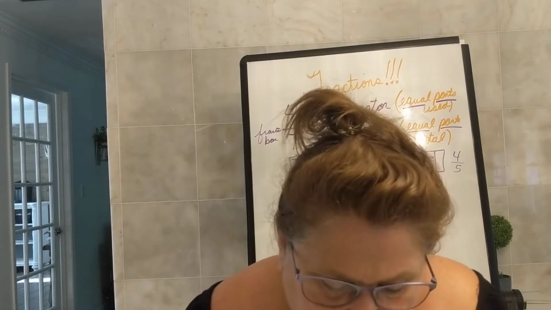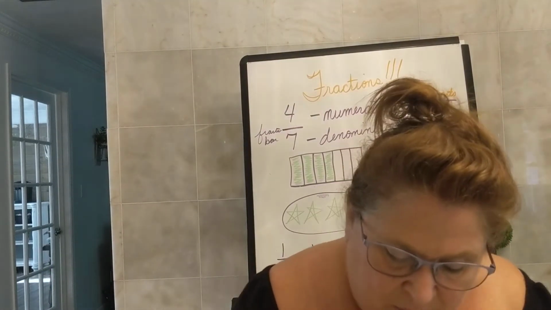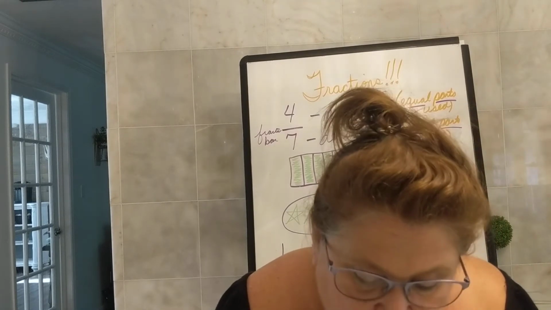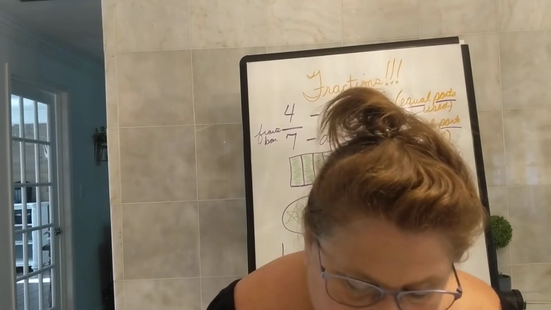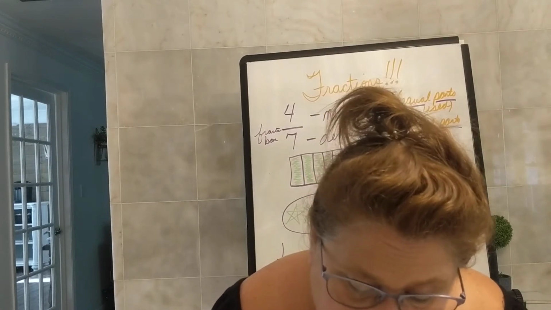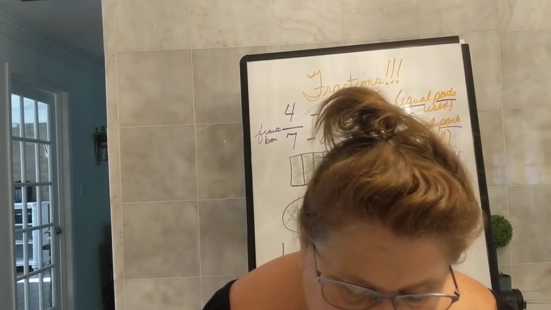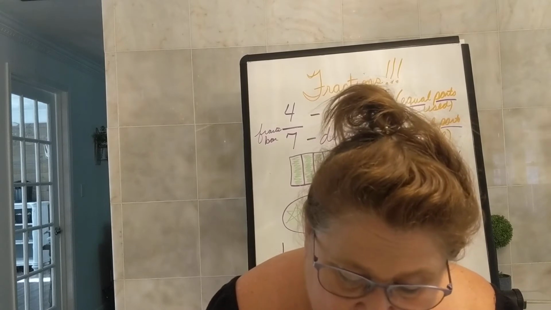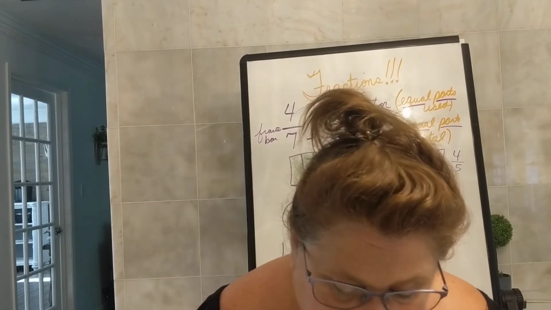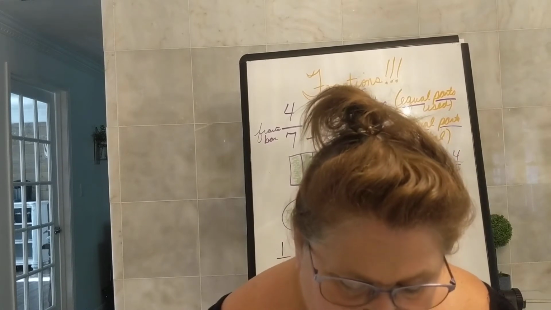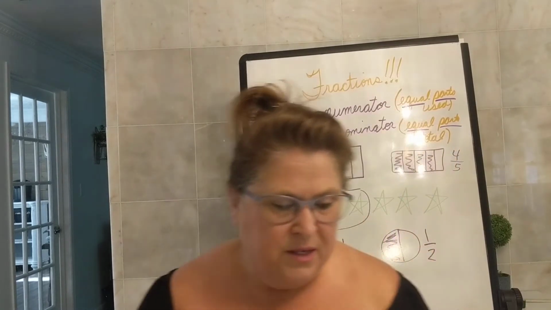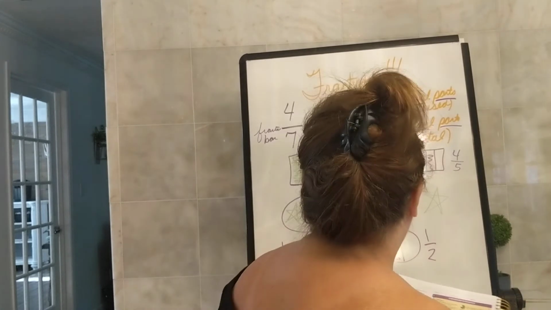Look at letter D. Another day, Miss Allen baked 3 more pies. She cut the first pie into 6 pieces and gave 1 piece away. She cut the second pie into 6 pieces and gave 2 pieces away. She cut the third pie into 6 pieces and gave 3 pieces away. What part of each pie did she give away? All right, so let's look at this one.